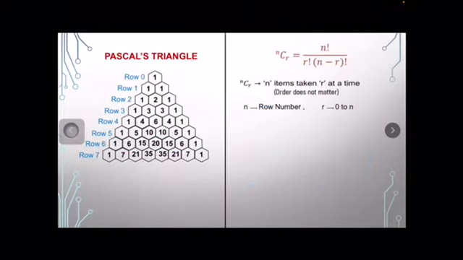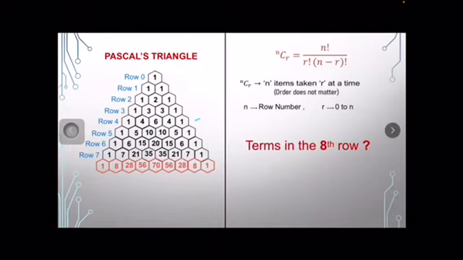Now, the terms in the 8th row of Pascal's triangle. Here we have the 7th row of Pascal's triangle, and you want to calculate the terms in the 8th row. So what do you do? Will you make a table for the 8th row like this, or will you use the combination nCr?